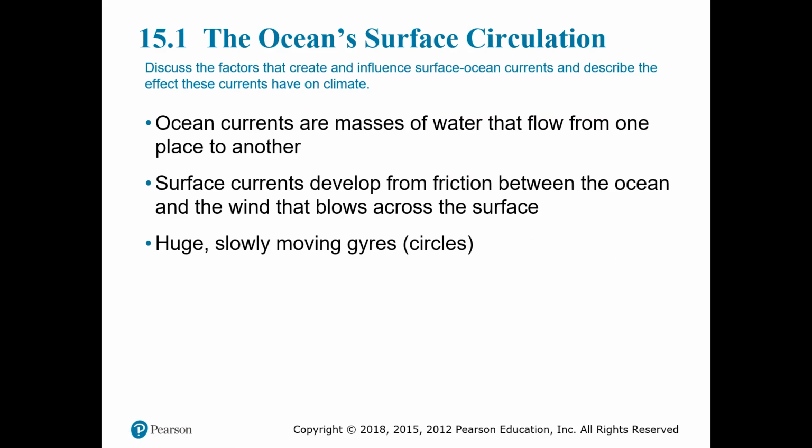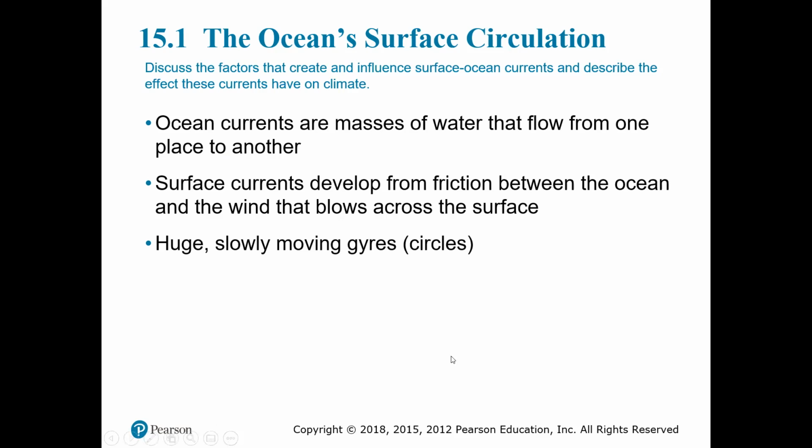Most of the surface circulation of the ocean is due to winds that blow across the surface. And so we get these huge, slowly moving currents and circles that we see out in the open sea and along the coastline.